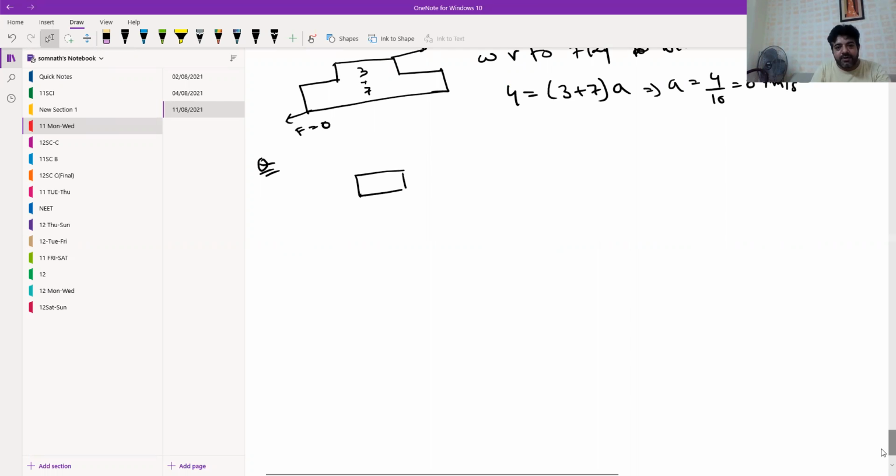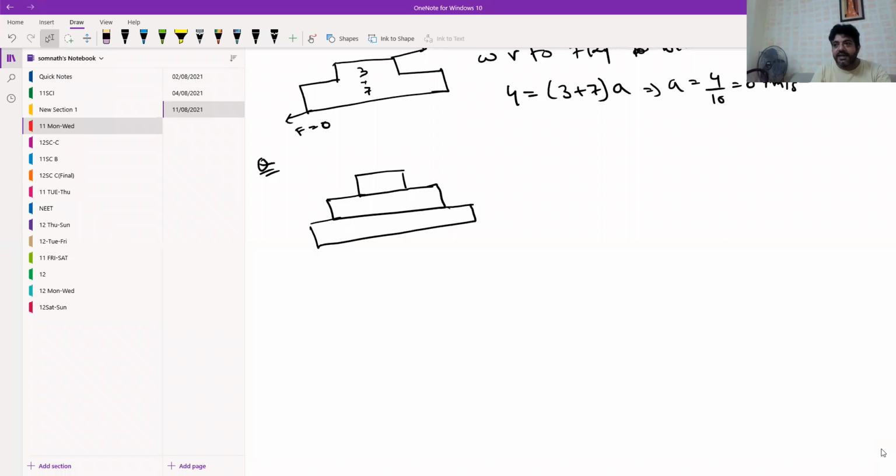Suppose I have a 2 kg block, a 3 kg block, and a 7 kg block. Sorry, but this time I'm not going to apply the force here. Now I'm going to apply the same force but on the 3 kg block.